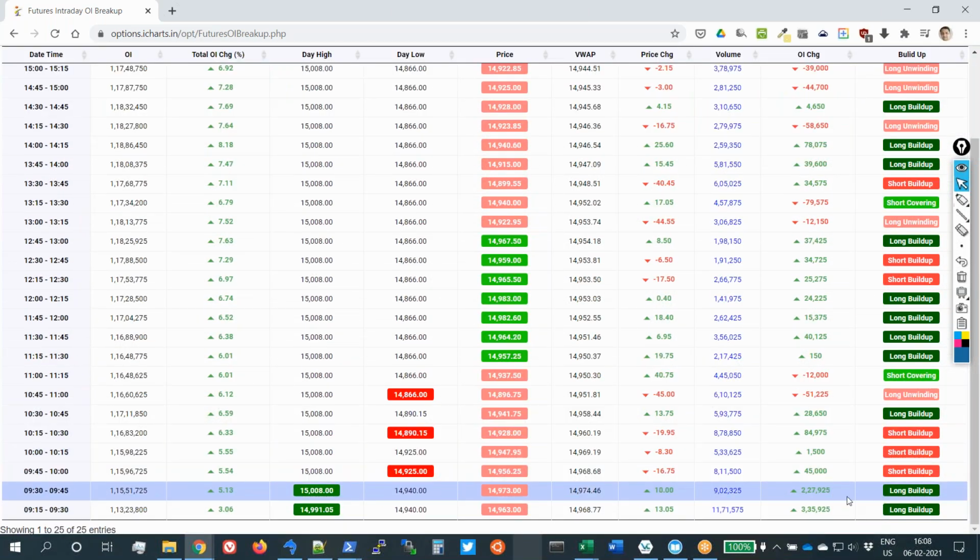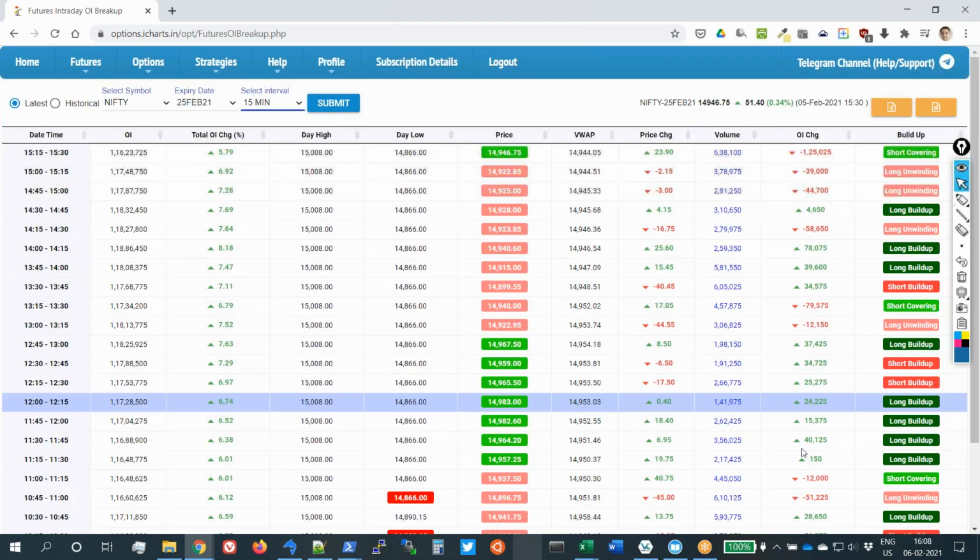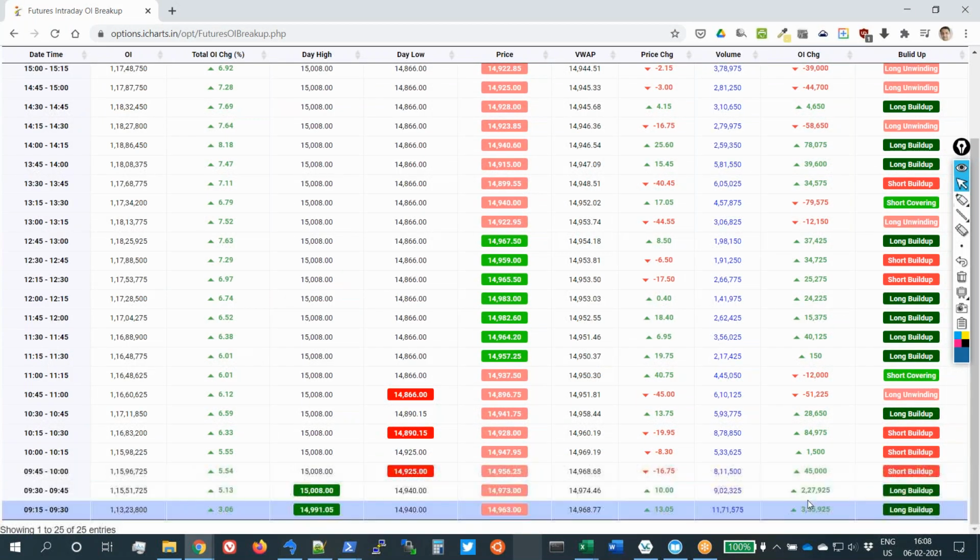And the next thing would be to obviously look at the OI change that is happening. Here, to begin with, initially we started off below VWAP, and this is the price at 9:30 basically.